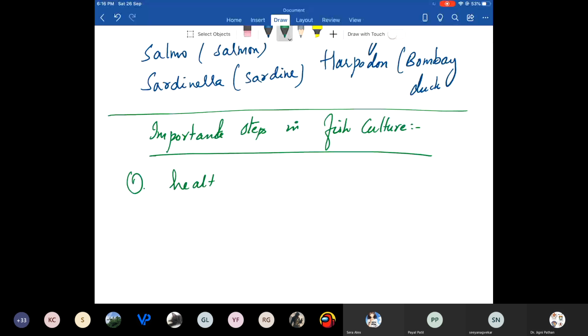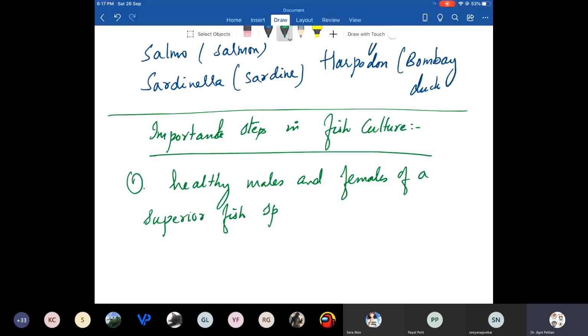Healthy males and females of a superior fish species. Okay, superior fish species are selected.